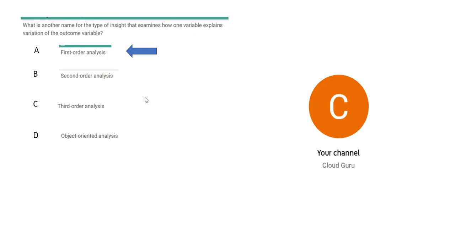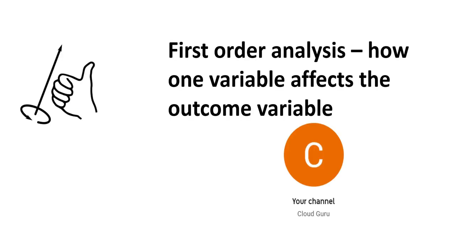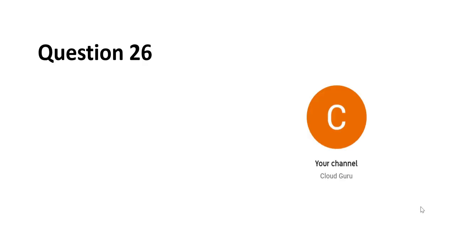So that is your first order analysis. I could not get anything in the documentation which talks about second and third order. And object oriented analysis is something to do with programming. I've never seen such kind of analysis in Salesforce. So here we get a thumb rule. We will note it. Now let's look at question number 26.